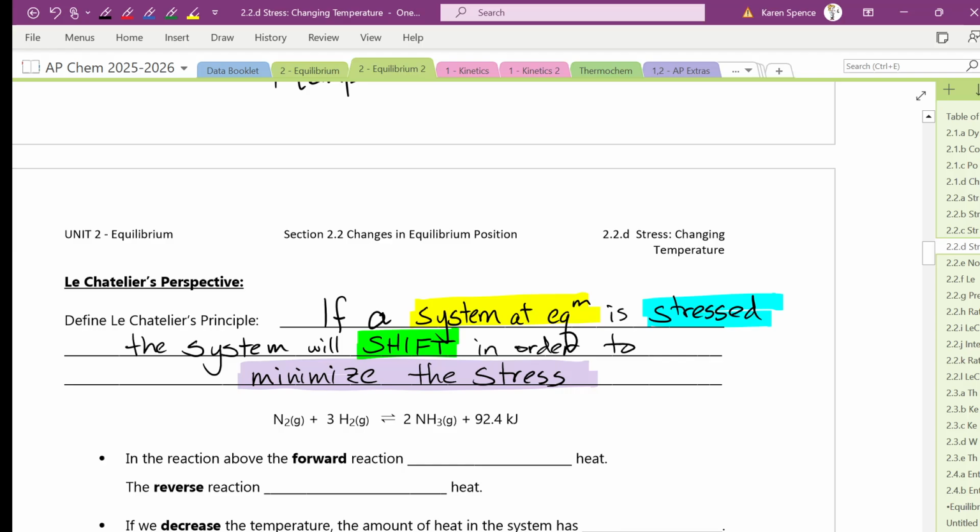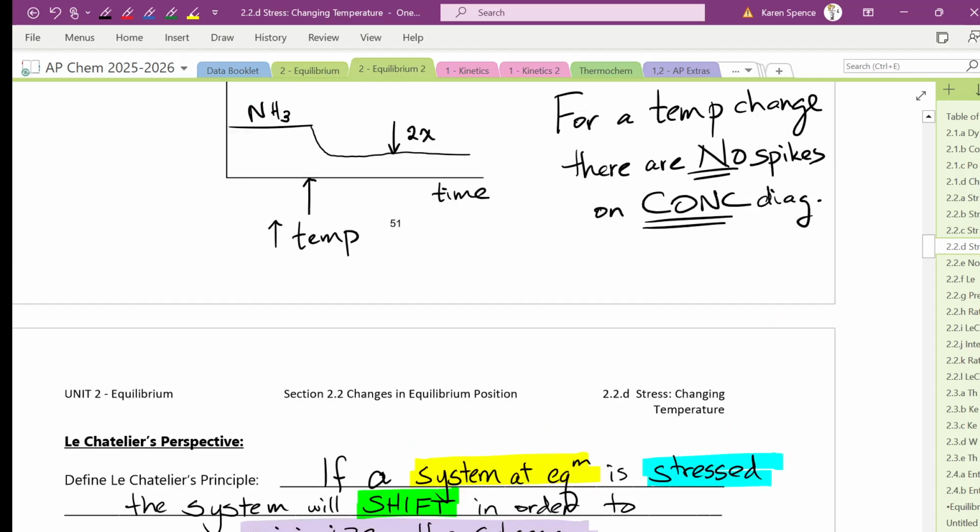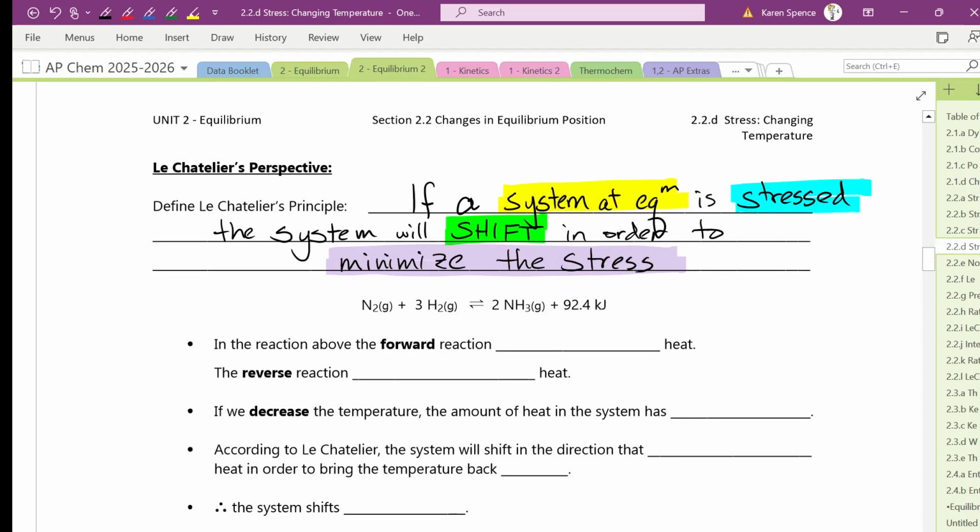So you should really have 4 parts to it. You should say, we've got a system that is at equilibrium. What happens if we stress it? The system will then shift in order to minimize the stress.